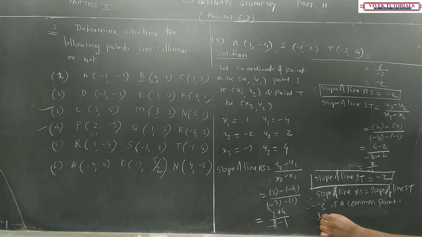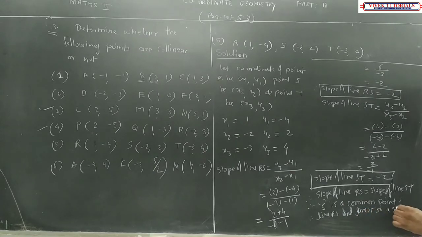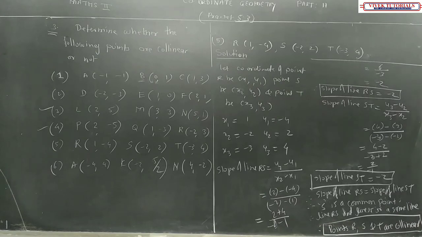Therefore, I can write line RS and line ST is the same line. Therefore, what I can say is that points R, S and T are collinear. Copy it down.